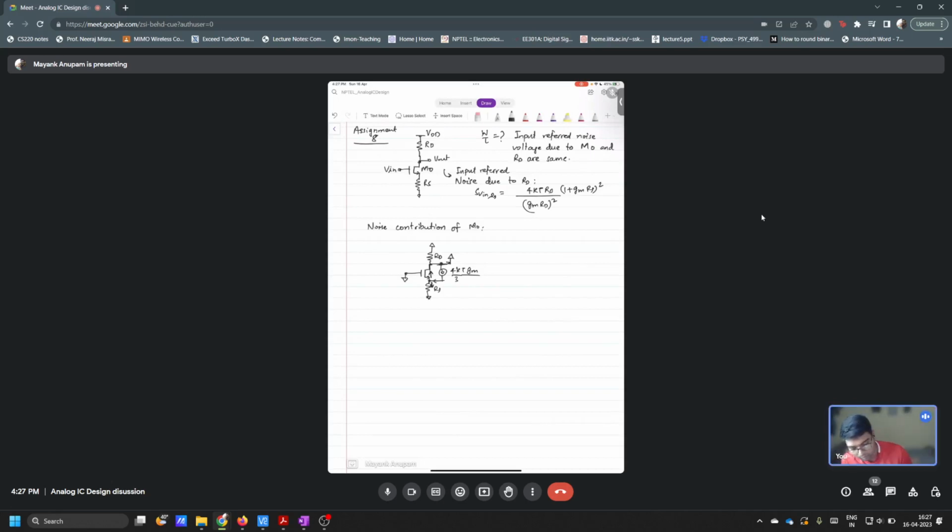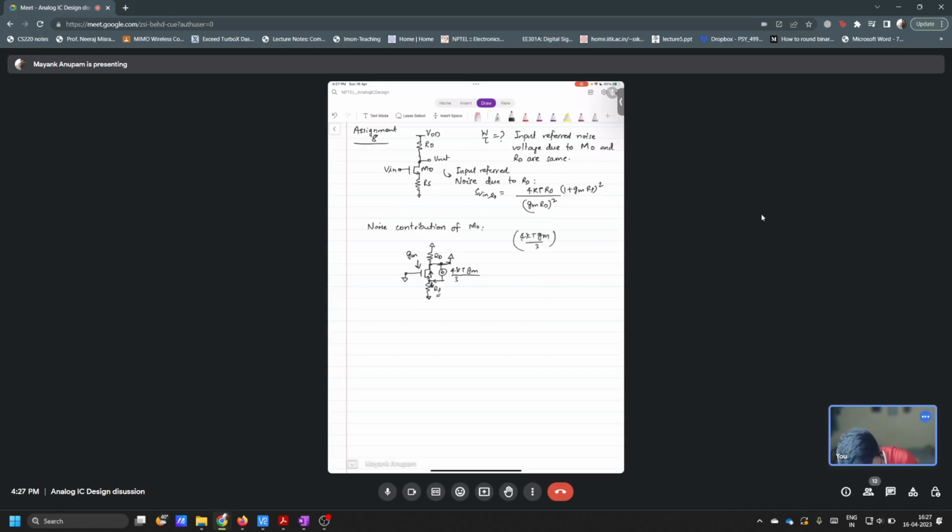So what is the part that is flowing into the MOSFET and what is the part that is flowing into RS? What is the GM of this MOSFET? 1 milliohm, sir. RS is also 1 milli. Fine. So let's assume GM is GM and RS is RS, right? So basically you have the current 4 kT GM over 3.